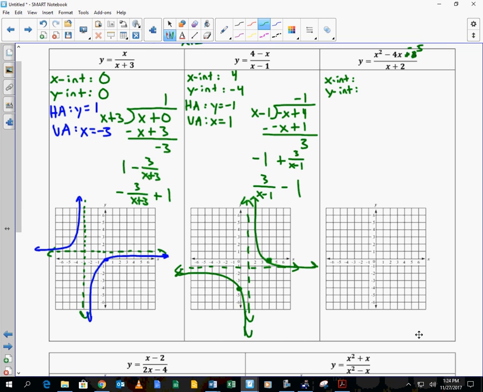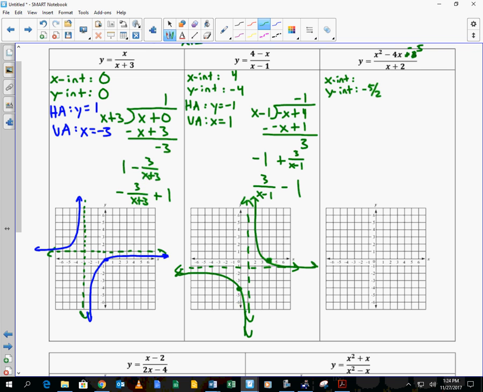Let's do the y-intercept first. The y-intercept happens when? When x is 0, what do you get? Very good, -5/2. We get -5 in the numerator, we get 2 in the denominator. Everybody okay with that? If x is 0, then I get that, okay?